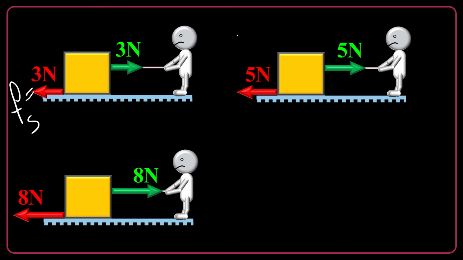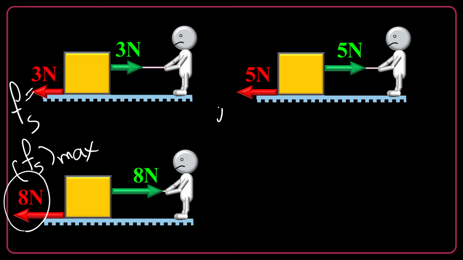Okay, let's say this 8 newtons is exactly the force that can break this opposition, and the object is going to move after 8. Fs is now at its limiting value, its borderline. Let's say it's Fs max. It can't be larger than 8 in this experiment, according to the weight of the object and the nature of the surfaces in contact. Fs cannot be larger than 8 in this experiment.